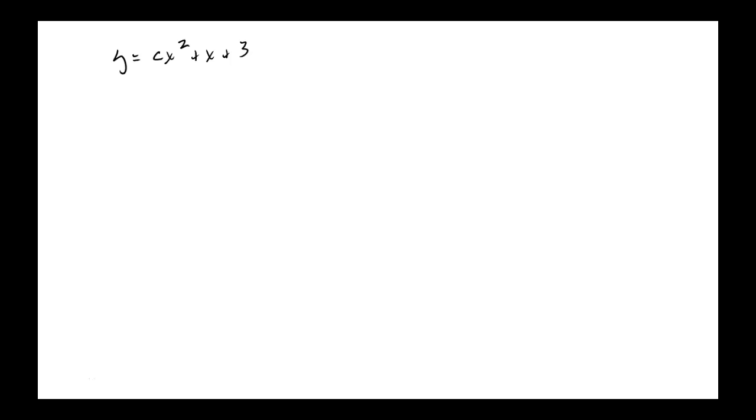You need to verify that is a solution for this initial value problem. x squared y double prime minus 2xy prime plus 2y is equal to 6, I believe it is, with the initial conditions that y of 0 is equal to 3, and y prime of 0 is equal to 1.